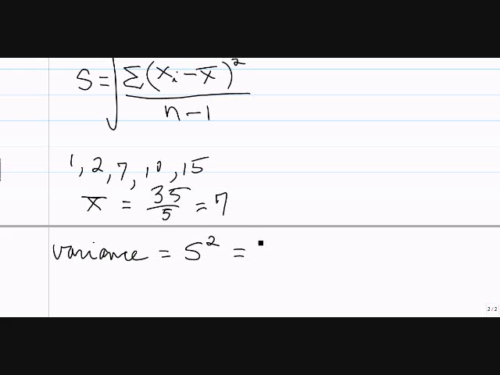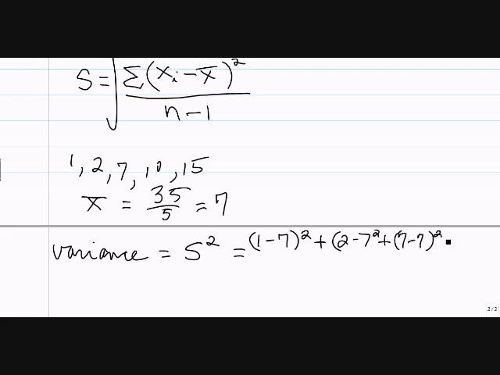So I have 1 minus 7 squared plus 2 minus 7 squared plus 7 minus 7 squared.